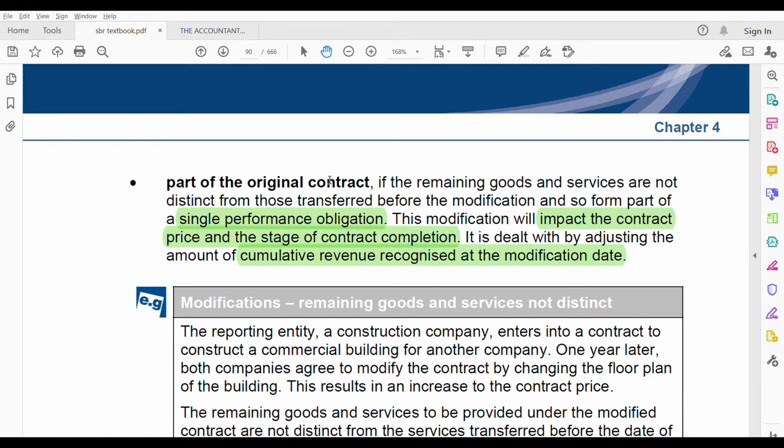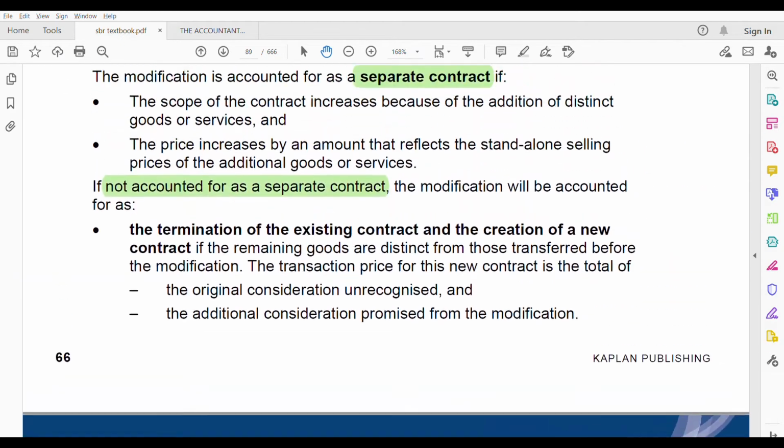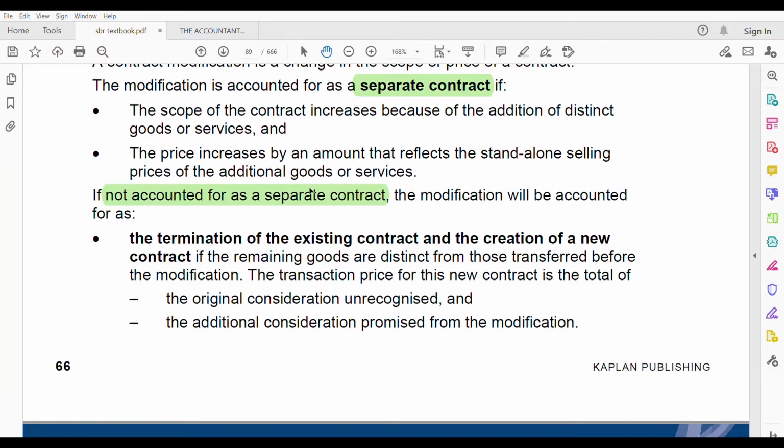So whatever revenue you have recognized under the original contract, you change it, because the goods and services under the modification are not different from the goods and services which were there before the modification. So it is a part of the original contract. But if it was different, then it is known as termination of the existing contract and creation of a new contract. Then this is the way you have to calculate your transaction price.